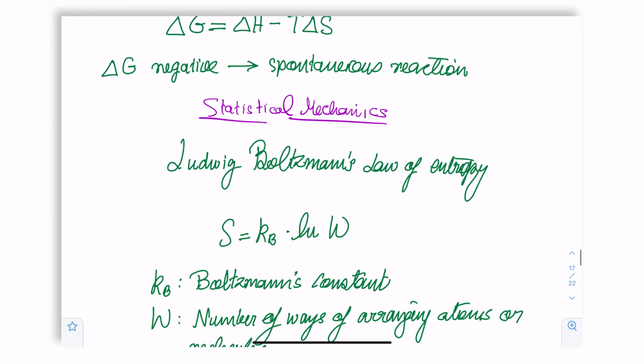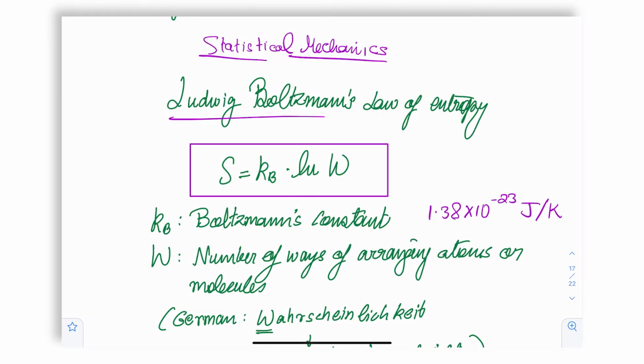In its most straightforward form, it was coined by Ludwig Boltzmann, the pioneer of statistical mechanics. So, Boltzmann's entropy law states that S is Kb into ln W, where Kb is nothing but Boltzmann's constant. In SI units, it's 1.38 into 10 to the power minus 23 joules per Kelvin. And W is the number of ways of arranging atoms or molecules.